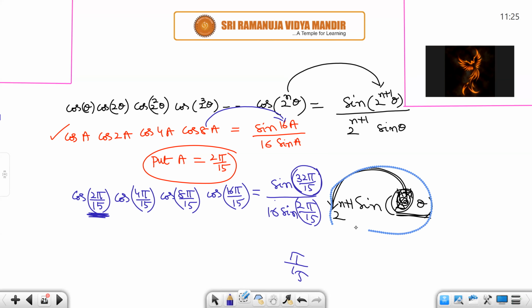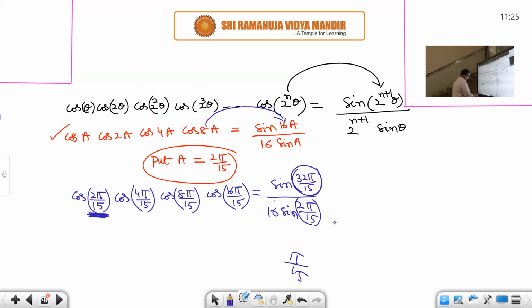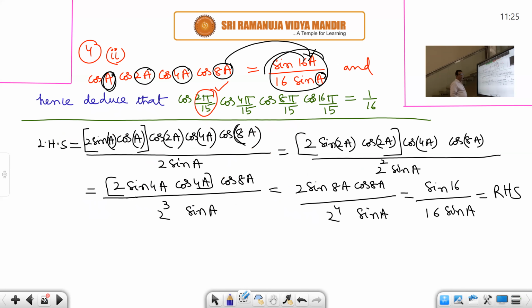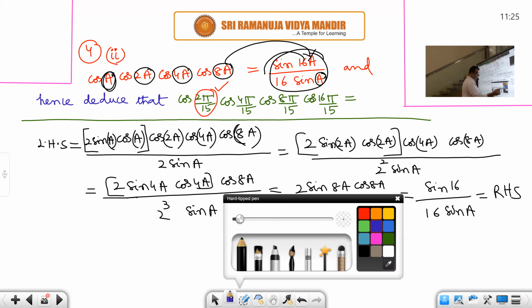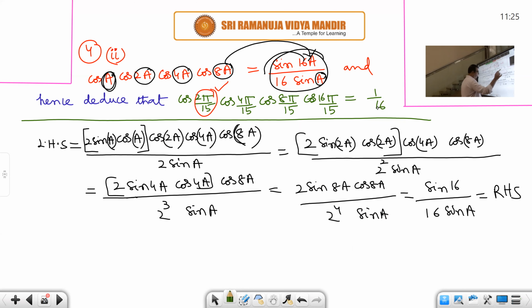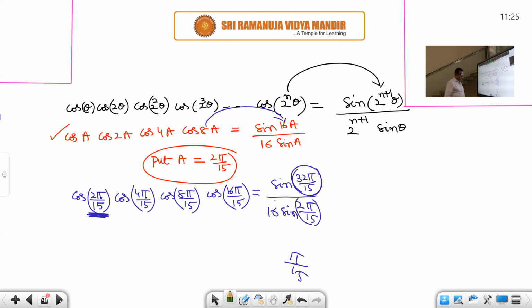Now we have to show that the answer is what? 1 by 16 only. Going back, we see that the answer is 1 by 16 only. That means these two get cancelled out. Let us go forward. Yes, we have got 1 by 16 here. That means sine 32 pi by 15 and sine 2 pi by 15 are equal.